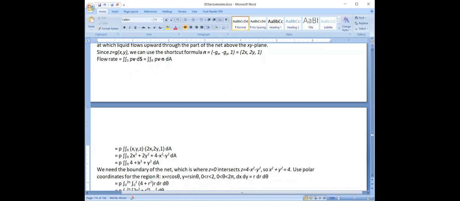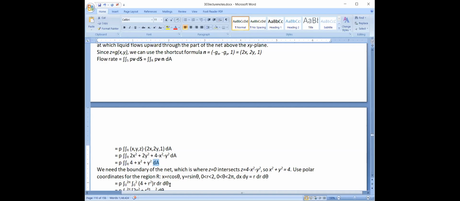And notice that x squared plus y squared we have to rewrite in terms of polar coordinates, but that's really easy because x squared plus y squared is just r squared. So this whole function just becomes 4 plus r squared. And dA, which is dx dy, just became r dr d theta.